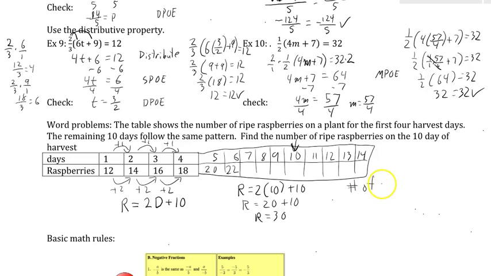Number of ripe raspberries on the plant. They're raspberry plants, not raspberry bushes, apparently. And there's our answer.